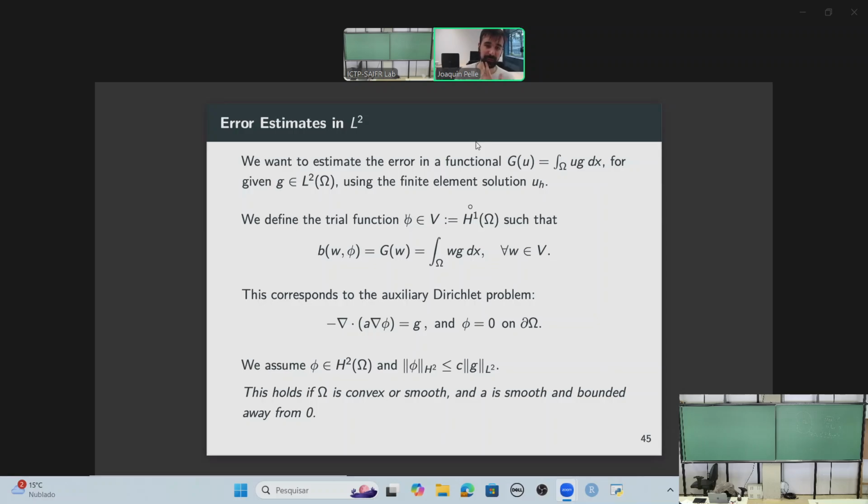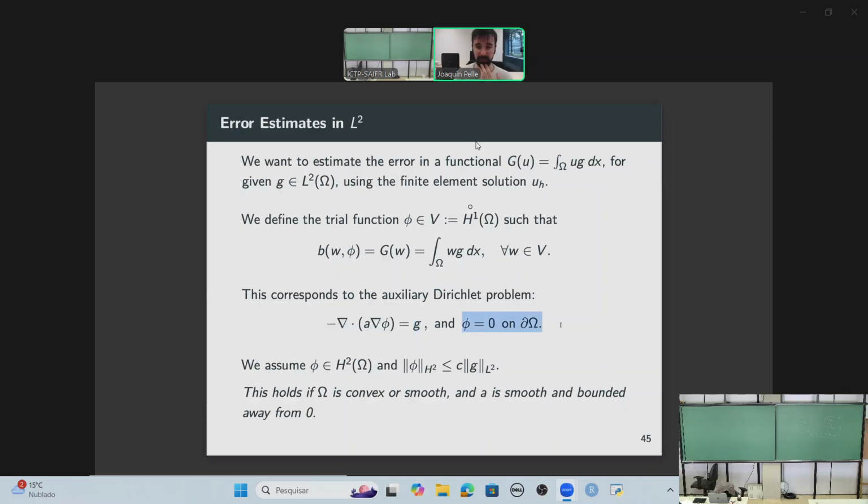But essentially, we define the trial function phi in V as the function that satisfies this property here, which is similar to the problem that we are trying to solve, but instead of f, we have g. So essentially, we are looking for the solution of an auxiliary Dirichlet problem that is similar to the problem that we initially had, but where we replace the function f by the function g.